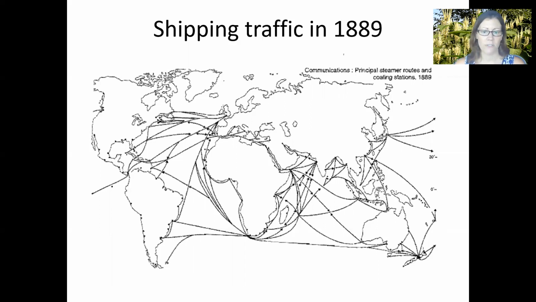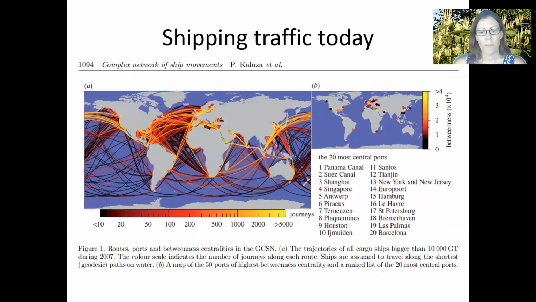Each of those lines is one shipping route. And this is more recent, from 2007, global shipping routes. You can see from the colors that the yellow ones are more than 5,000 journeys along that route in a given year.